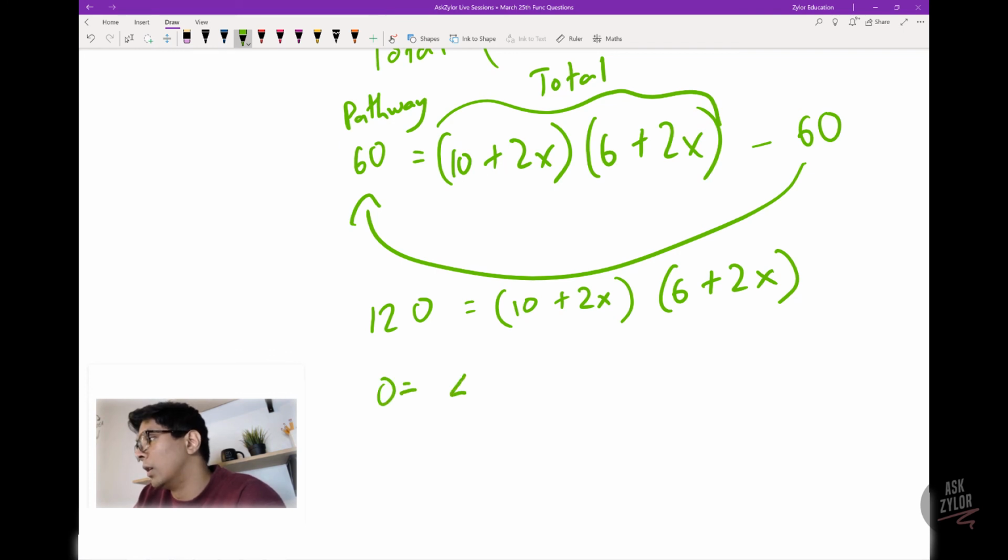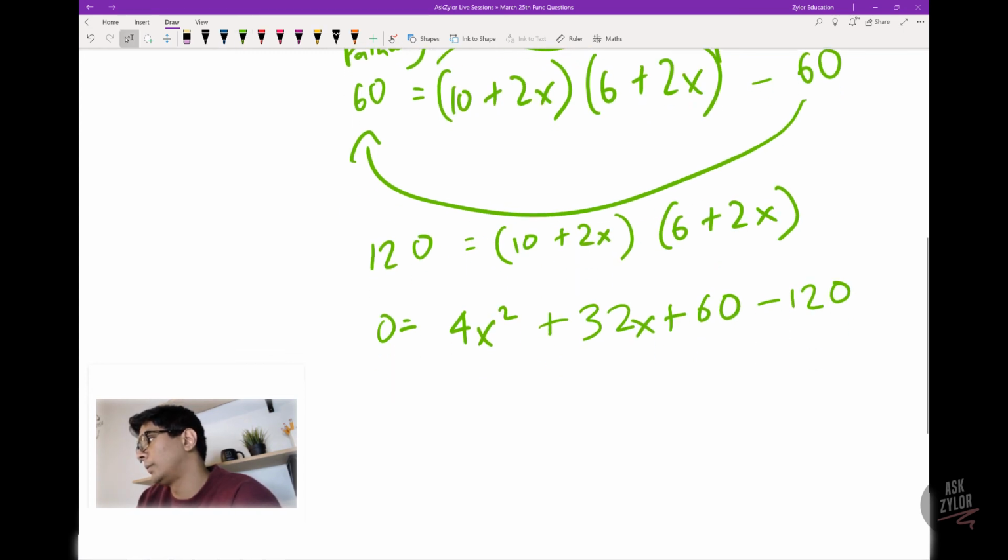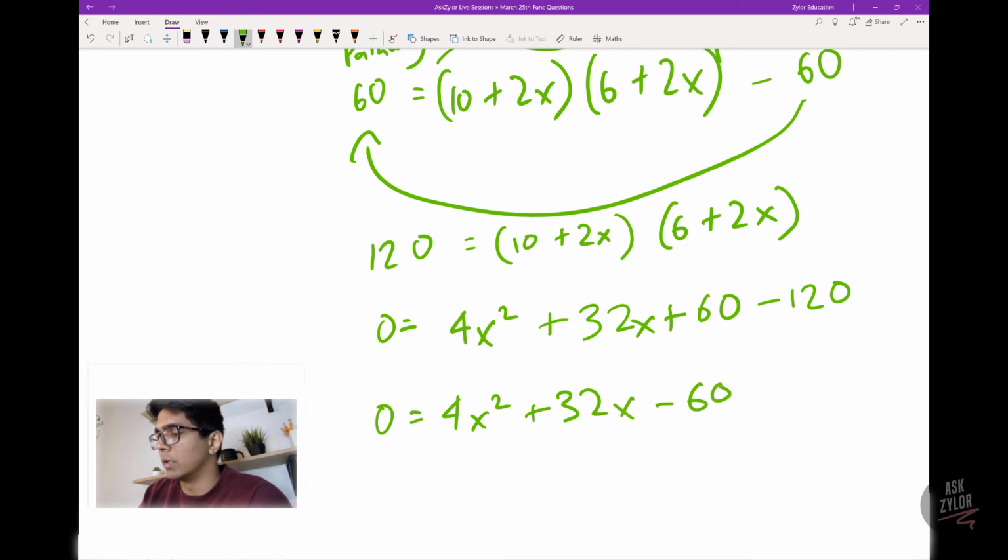So I have 4x squared plus 32x plus 60. Then I bring the 120 over to give me minus 120. So then I have 0 is equal to 4x squared plus 32x minus 60.